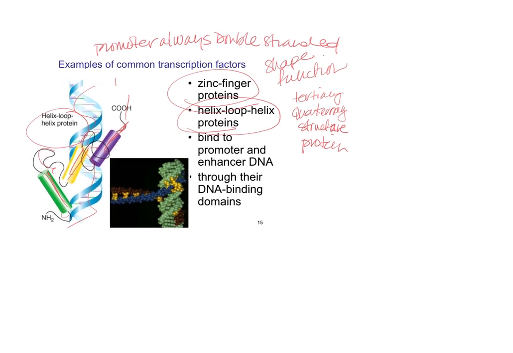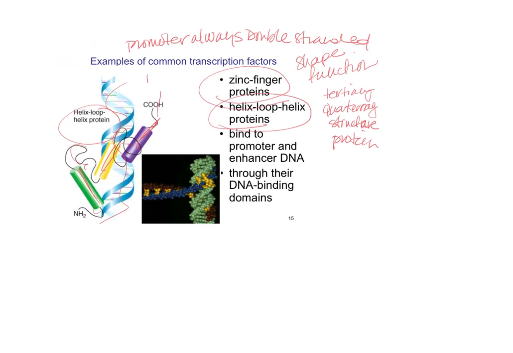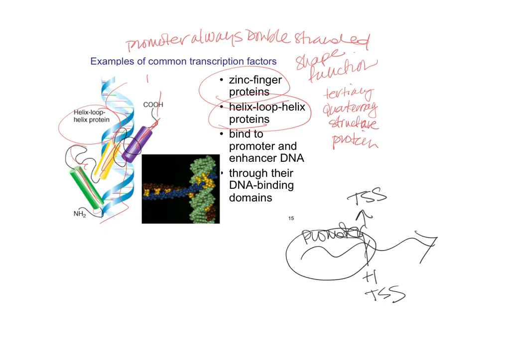The transcription start site has to open up so we can start transcribing. So if this is your +1 of transcription, this is your promoter, and this is always going to be double-stranded. It's going to open up right here, and then we're going to get the RNA to come off.